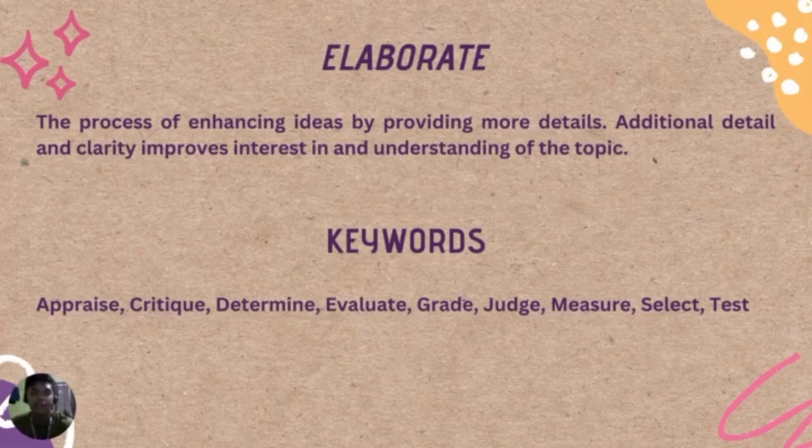It involves the meticulous process of expanding and developing creative ideas with a keen focus on detail, precision, and the exploration of possibilities. Through this component, individuals transform their creative endeavors from mere concepts into fully realized and sophisticated expression. So for the keywords, we have appraise, critic, determine, evaluate, grade, judge, measure, select, and test.